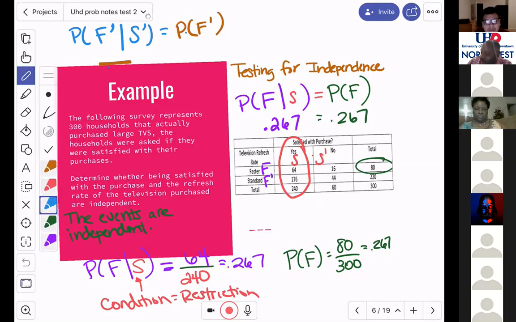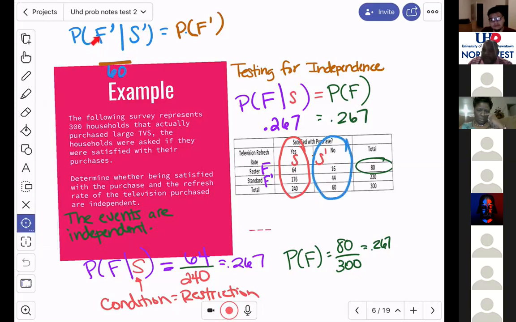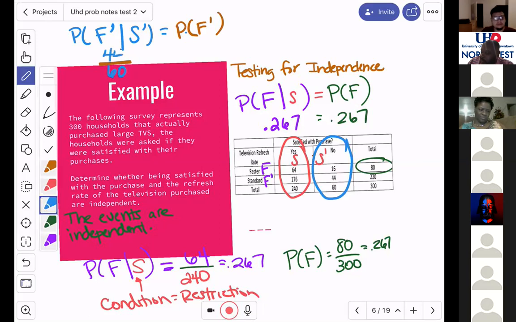So that's a 60 there. And out of those 60 people, which ones do I care about? I care about the ones that have a standard rate TV. How many people are those? 44. So I'm getting 44 over 60 there.